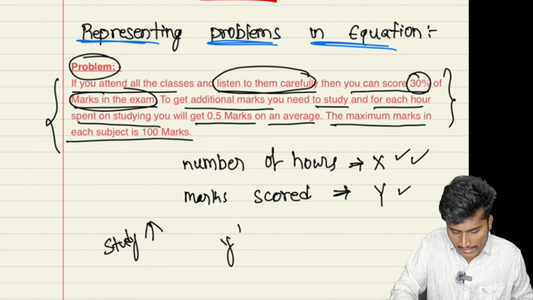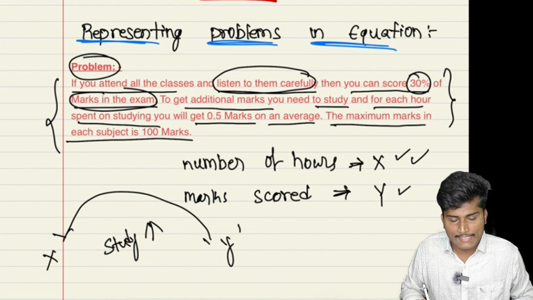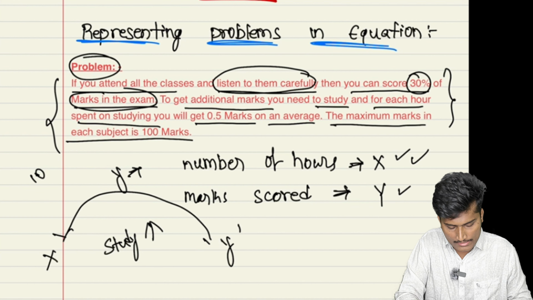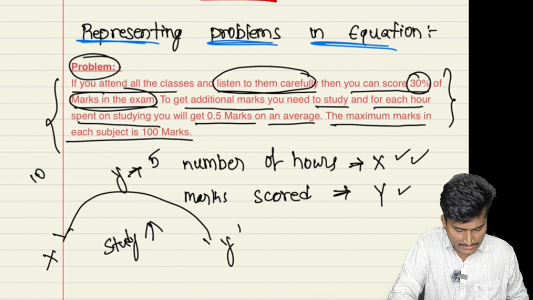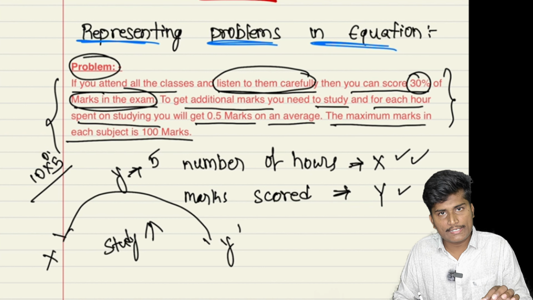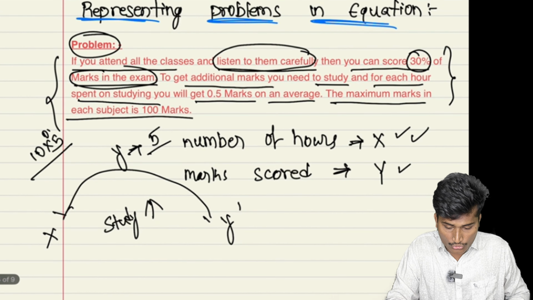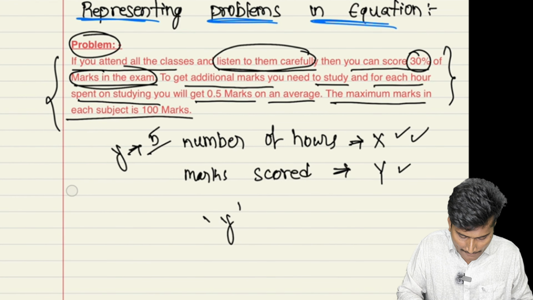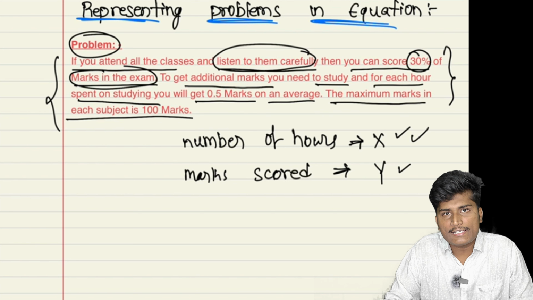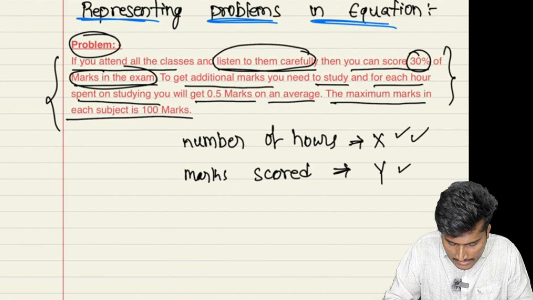If x is 10, then y will increase by 5 marks, because 10 into 0.5, for every hour he is going to get 0.5, right? So he will get 5 additional marks. So here x is an independent variable, that is, you can study as many hours as you want. And y is a dependent variable.